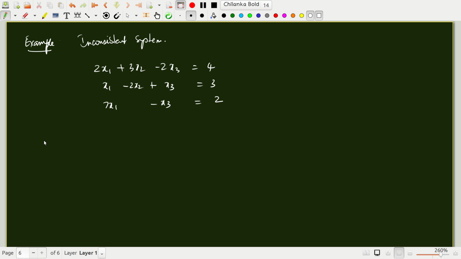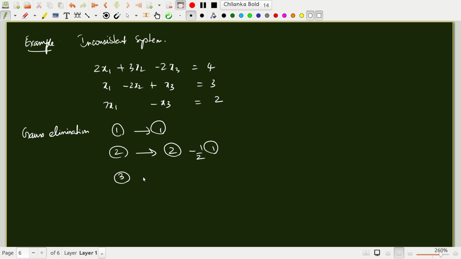Now I will do Gauss elimination in the usual way. The first equation will remain as such. The second equation will change into the second minus half times the first. The third equation will change into the third minus 7 by 2 times the first.